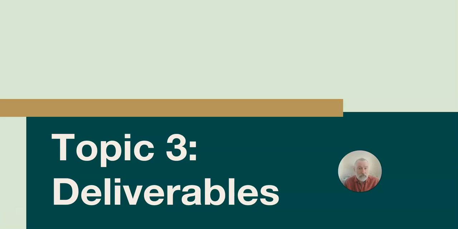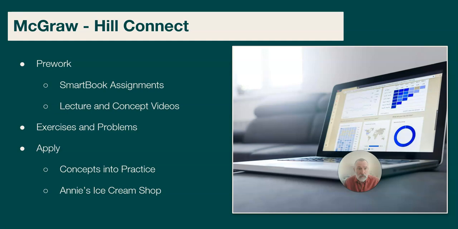Here's what you're going to need to complete in this module. The majority of the work is done in McGraw-Hill Connect. You'll begin by reading your SmartBook assignments for Chapters 1 and 2, followed by some concept videos. These are short videos to reinforce some of your reading. Once you've completed them, you move on to your homework problems. These are typical homework problems you might find in previous classes and you might have been exposed to during your other educational journey.